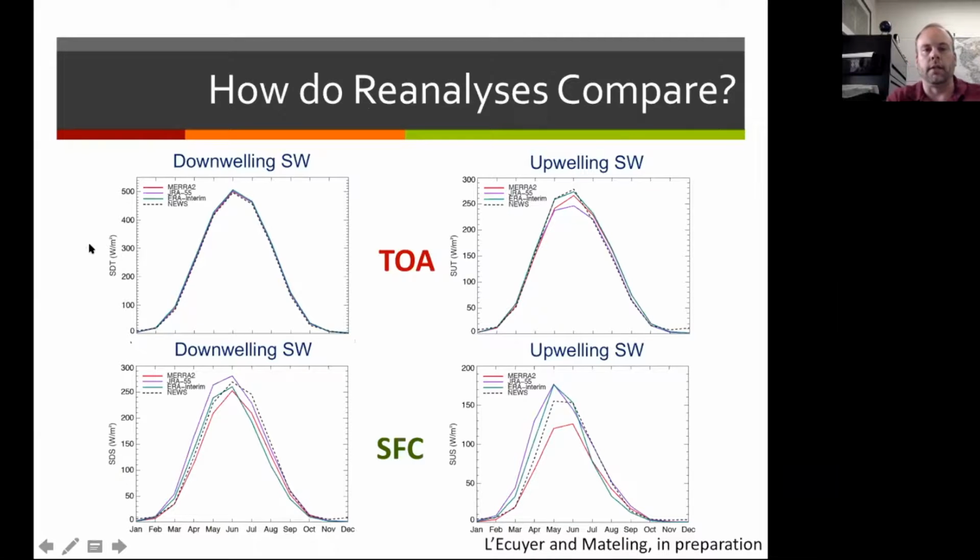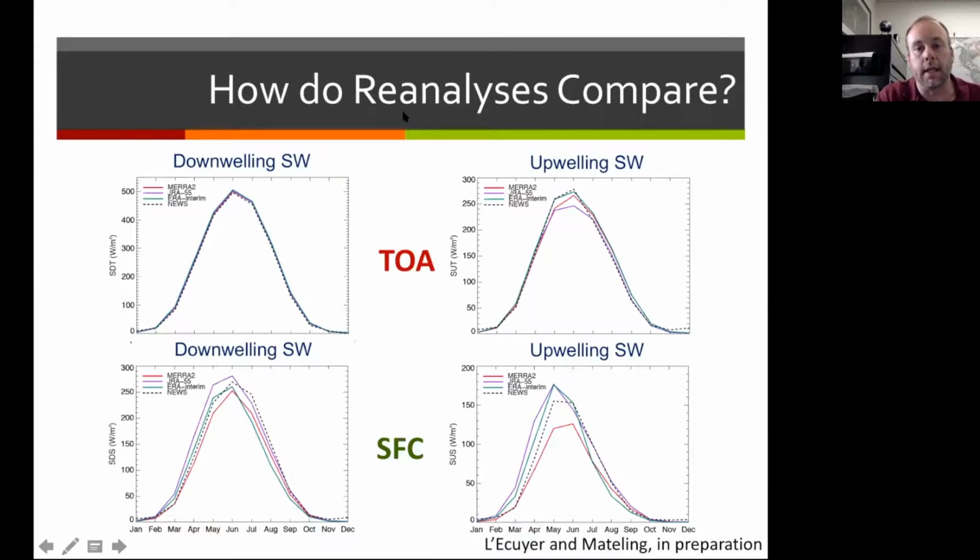What I want to focus on today is how well this kind of picture agrees with both reanalyses, which are traditionally used maybe for understanding the changes in the Arctic surface energy budget, and then also how well climate models represent this annual cycle.